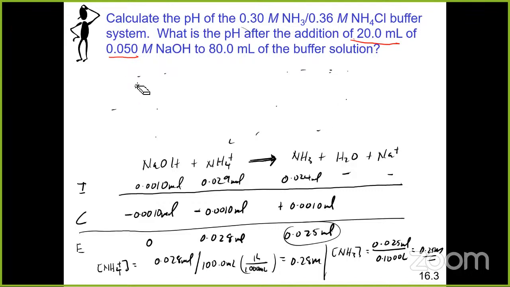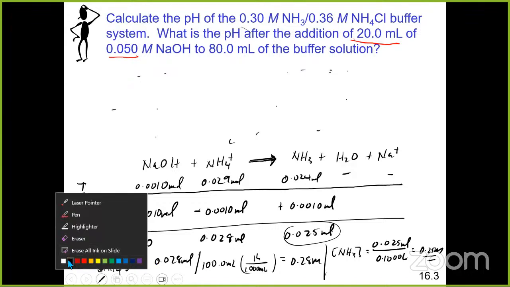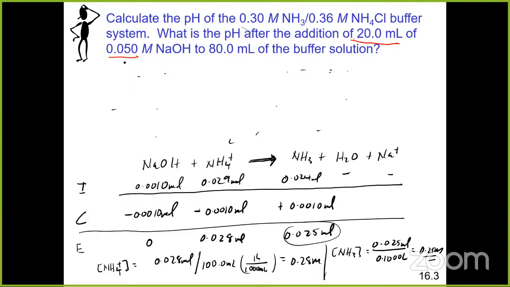Okay, so just to remind you of what the Henderson-Hasselbalch equation says, it says that pH of the buffer is equal to pKa plus log of the concentration of the ammonia divided by the concentration of the ammonium.